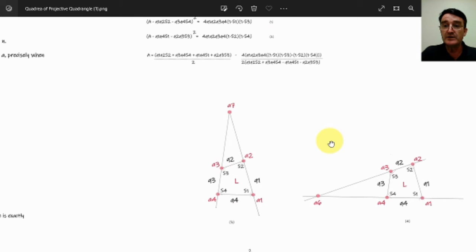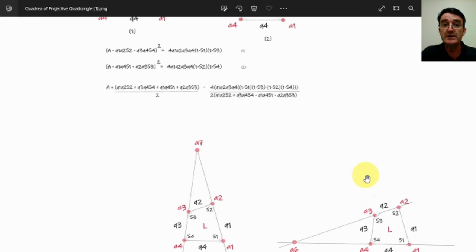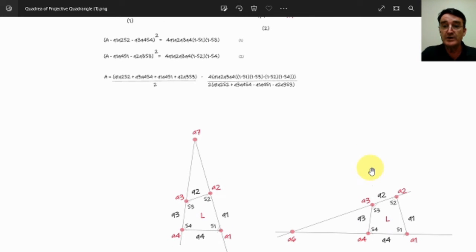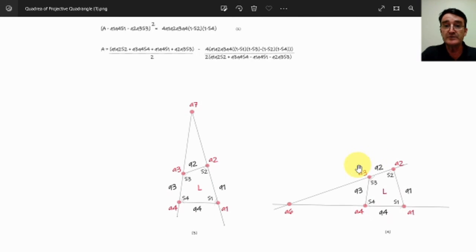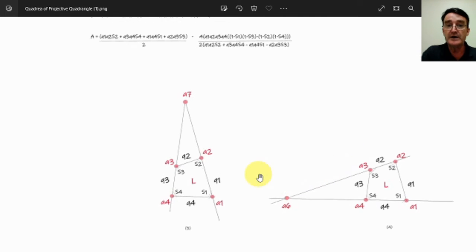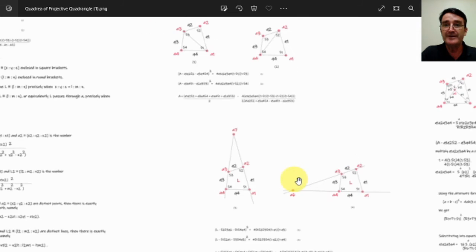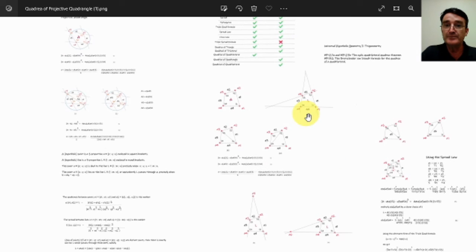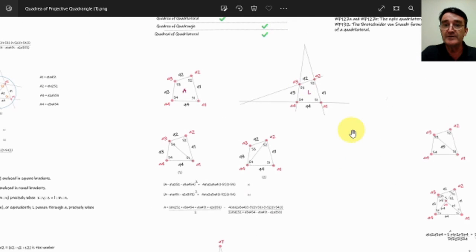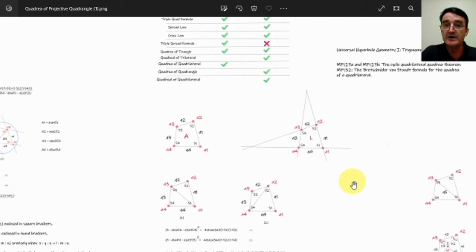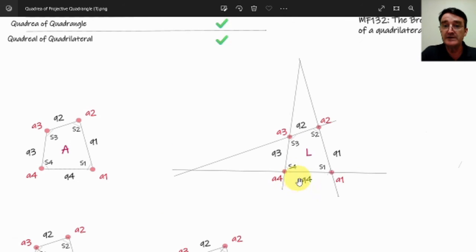Okay, so next I'm going to talk about the triangulation of the quadrilateral for the quadrilateral equations. So we're going to be talking about the quadreal of the projective quadrilateral now, and looking at two different triangulations of this.